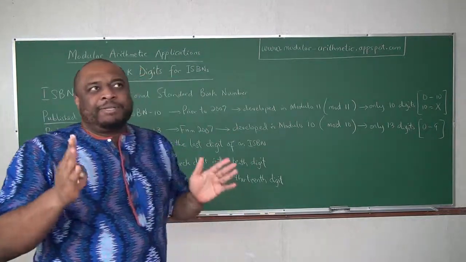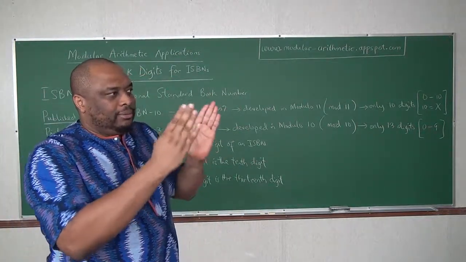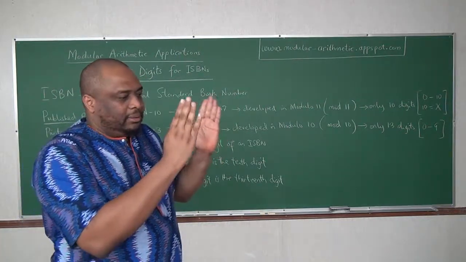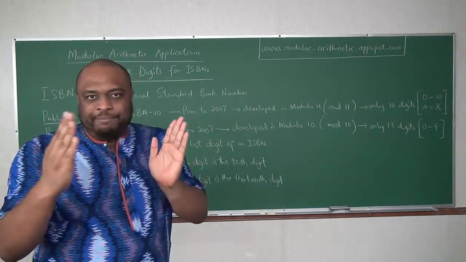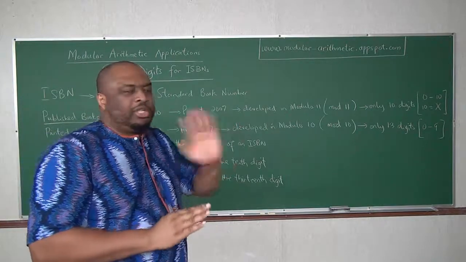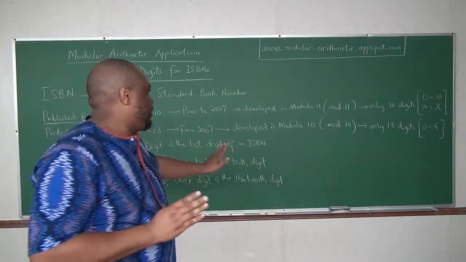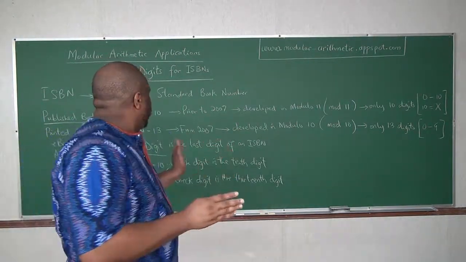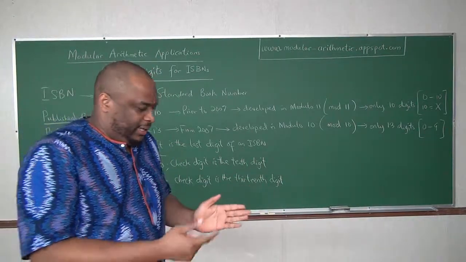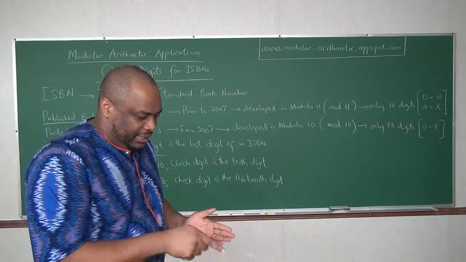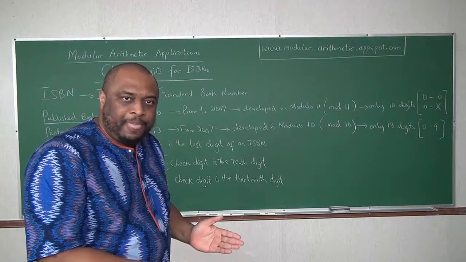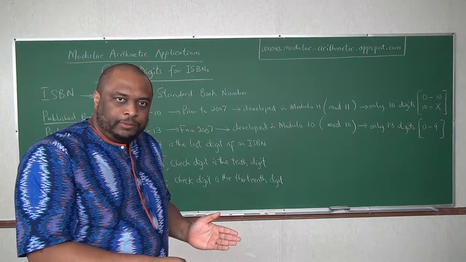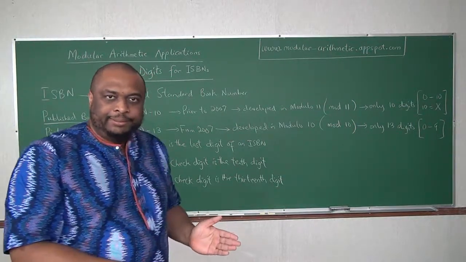Those hyphens actually demarcate parts that have meaning, but we will not talk about those now. Let's focus on the check digit. So when you get a book and you're entering the ISBN in a system that uses ISBN.